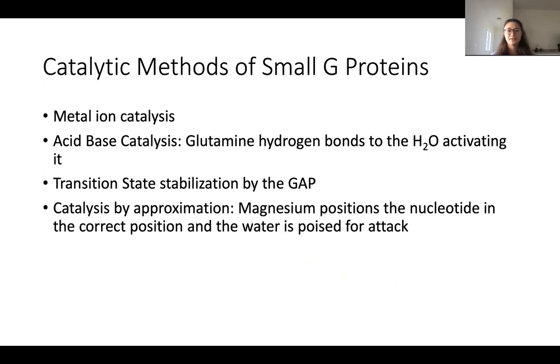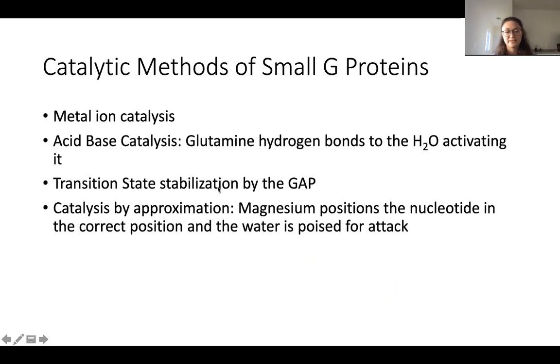So the catalytic methods of the small G proteins are examples for all the different catalytic methods we talked about before the first exam. So metal ion catalysis, because of that magnesium ion that's there. Acid-base catalysis, so it's actually a glutamate that's going to hydrogen bond to the water, activating it.